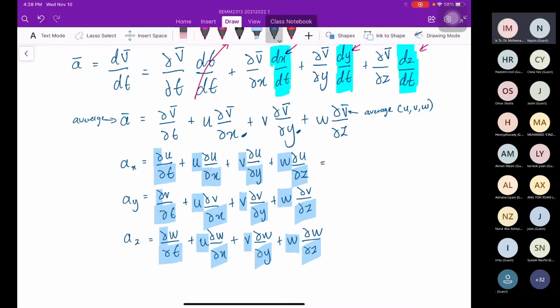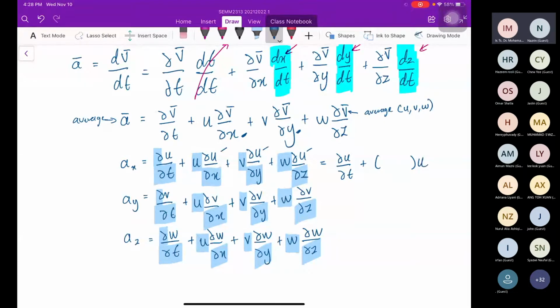So to simplify this, this is partial derivative of u over partial derivative of time, plus bracket. You can see u, u, u. We can have u here.